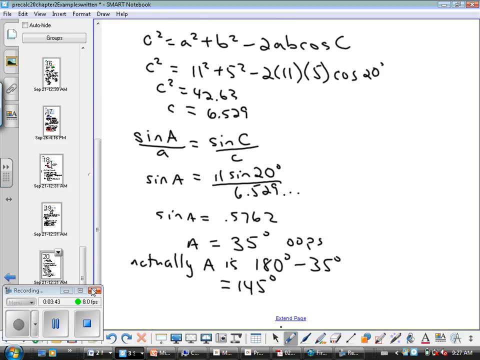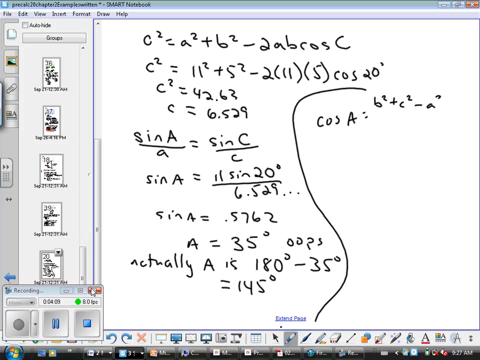I'm just going to show you here. If you had used the cosine law, because you have enough information to use it to find angle A, looking at the formula from the last example, cos A equals b squared plus c squared minus a squared over 2bc.